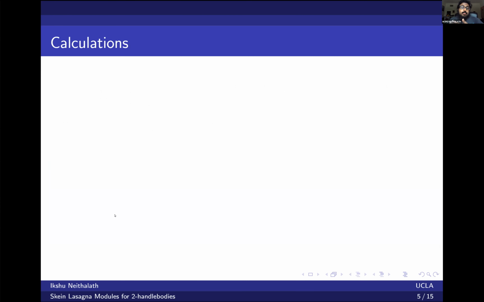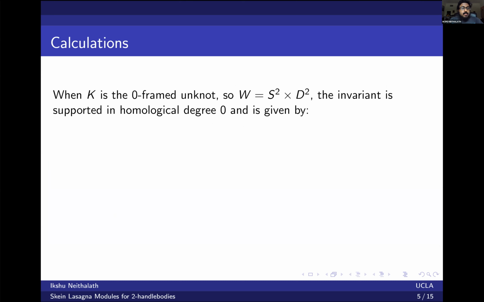So let's try it for the simplest possible framed links. The simplest one is if K is the 0-framed unknot. Then the associated 2-handle body is just S2 times D2. To compute the Skein Lasagna module using that theorem, I have to compute the Khovanov-Rozansky homologies of cables on the 0-framed unknot. Those are just unlinks, so that's totally trivial to compute.